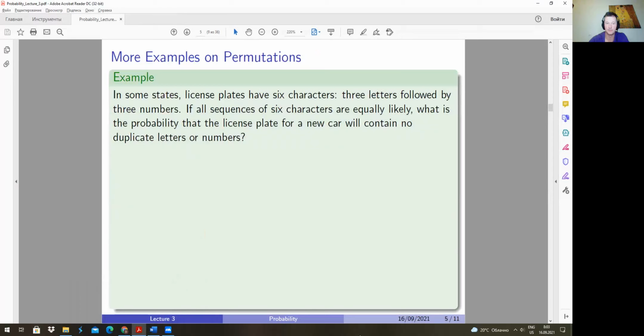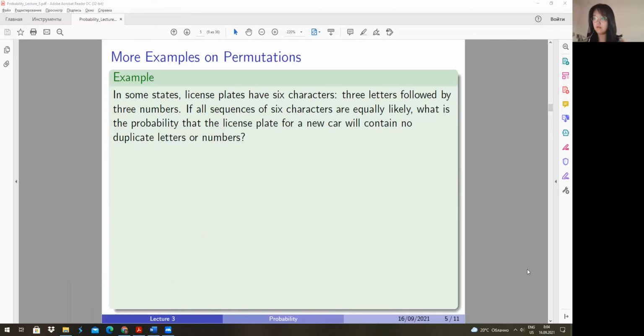I think the 26 letters plus 10 numbers, and choose the arrangement of 6, so 36 and 6. I think it's so big.